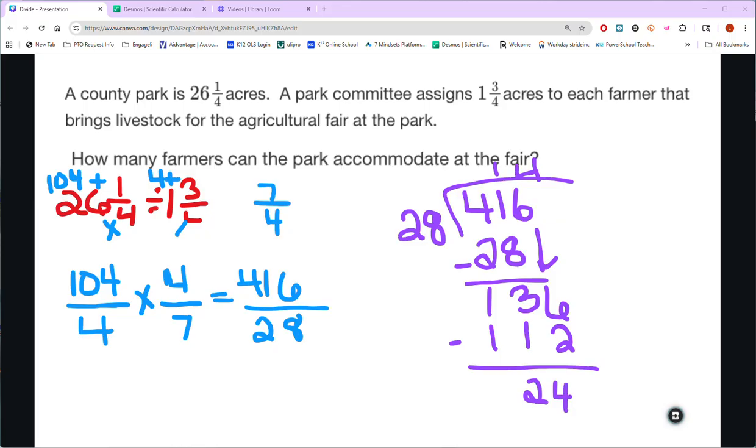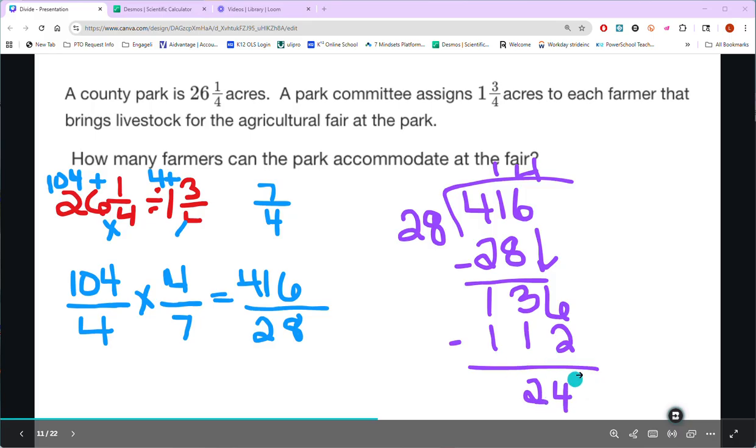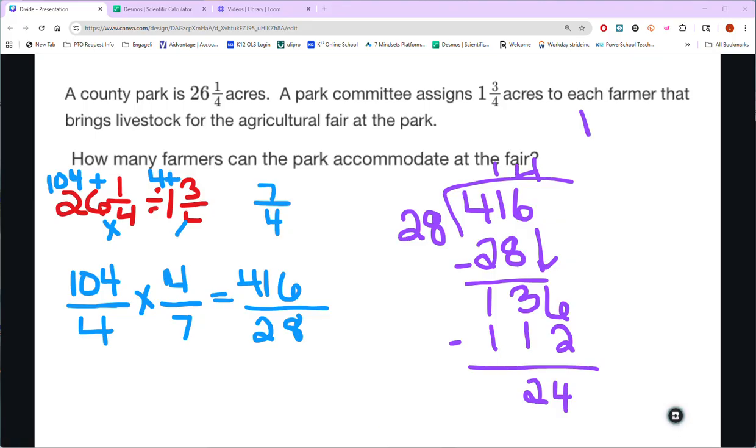28 can't go into 24, and I don't have any other numbers to bring down, so my answer, I'm going to put way up here, is 14. 24, my remainder, becomes my numerator, and the 28 is my denominator. But this fraction is not in simplest form yet.